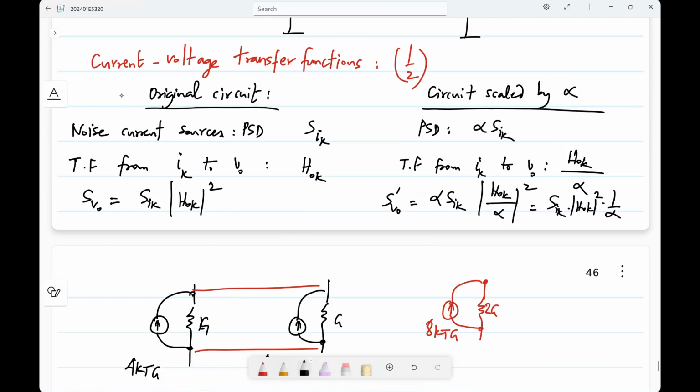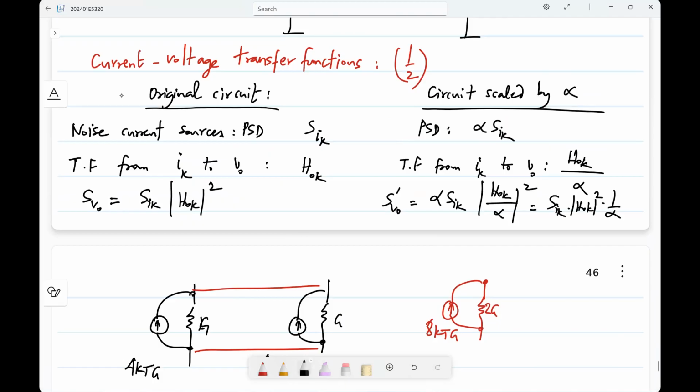I showed that if you scale the conductance and capacitance by a factor of 2, you will reduce the noise variance by a factor of 2. But this is a general result. Essentially, it is like connecting many identical circuits in parallel. And of course, when you say many identical circuits in parallel, we think of scaling by an integer, but it doesn't have to be an integer. It can be anything.